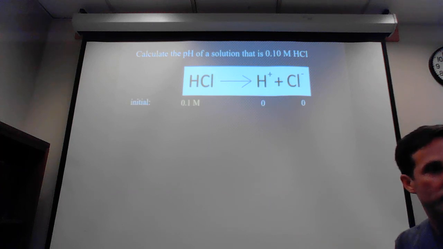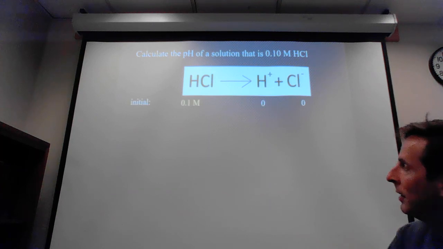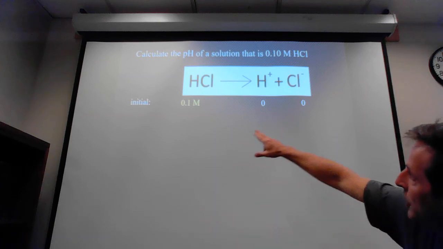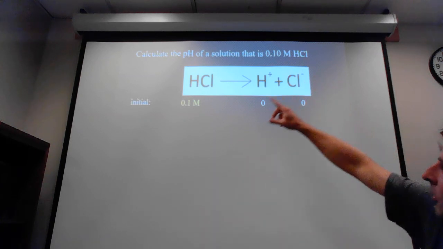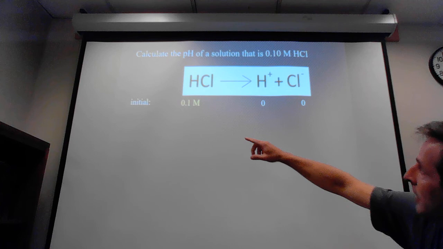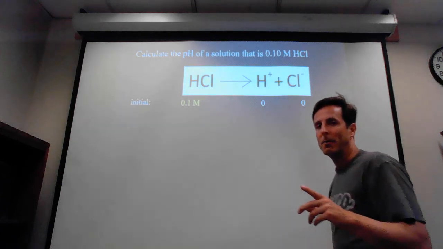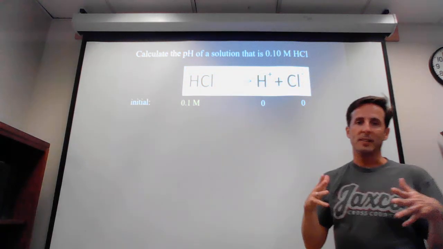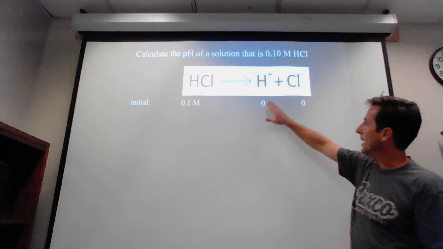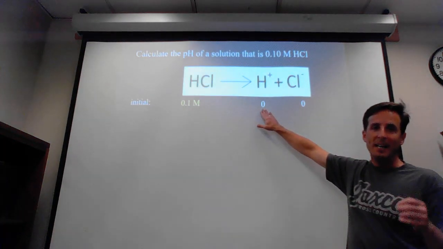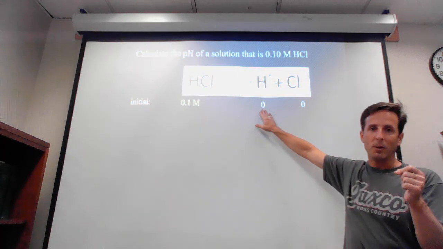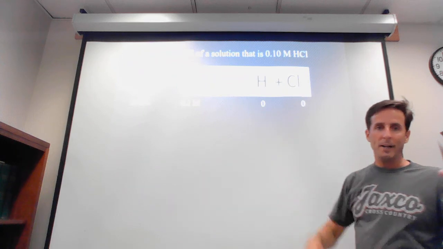Okay, so when I set up my ice table, ICE, I got my initial numbers. The 0.1 molar HCl goes there. The amount of H plus and Cl minus before the reaction is essentially 0. Now, let's be careful that in reality, if I'm doing this in water, the H plus concentration, technically there is a tiny little bit in the solution from just the auto-ionization of water.